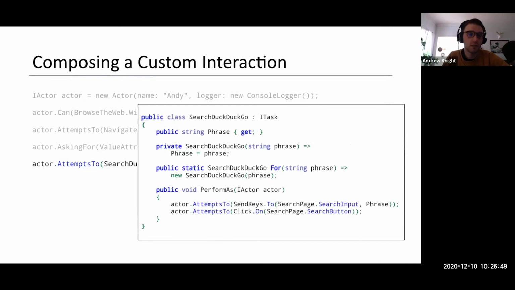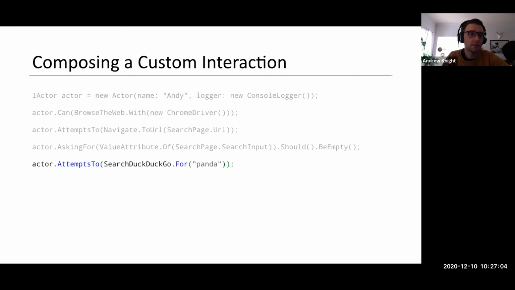The SearchDuckDuckGo task takes in a search phrase. Its PerformAs method calls two other interactions, SendKeys and Click. Using one task to combine these lower-level interactions makes the test code more readable and understandable. It also improves automation reusability.